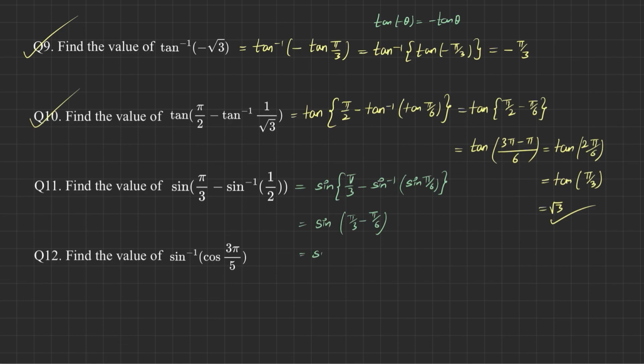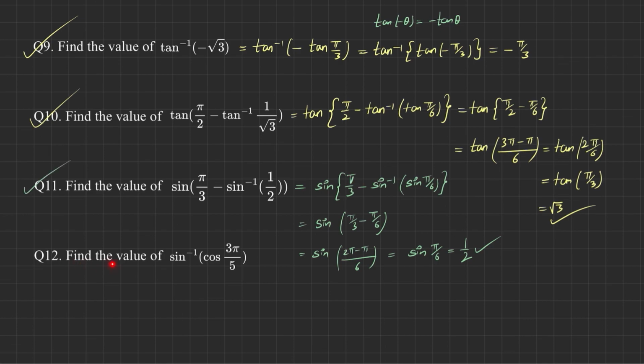So let us subtract the angles. So here it will be 2 pi minus pi over 6. So this equals sine pi by 6, and since sine pi by 6 is 1 by 2, my answer is 1 by 2.